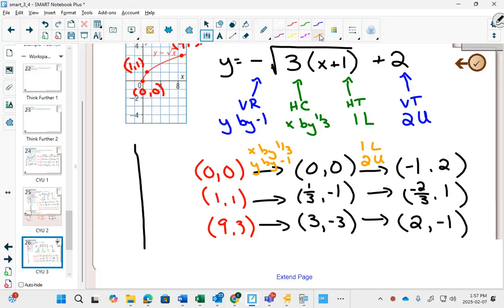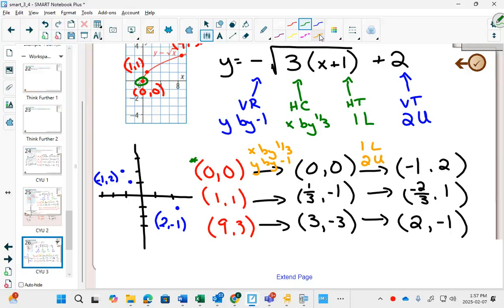So again, I would recommend, let's draw this on a separate graph. We're going to have -1, 2. -2/3, 1, and 2, -1. 0, 0, that's your starting point of your x cubed graph.